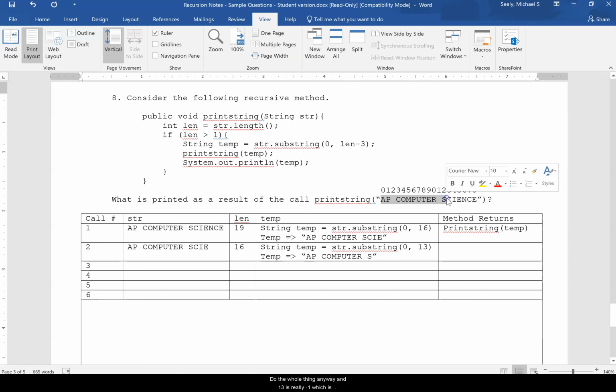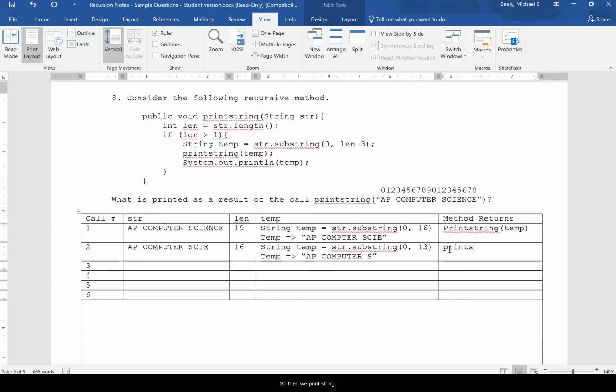Yeah, it's going to do the whole thing. Anyway, and 13 is really minus 1, which is 12, so AP Computer S. So then we print string our temp. So AP Computer S, which has a length of 13.